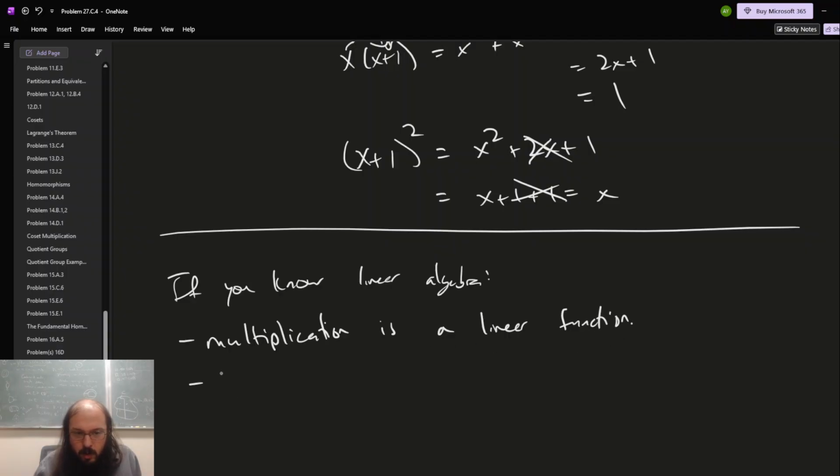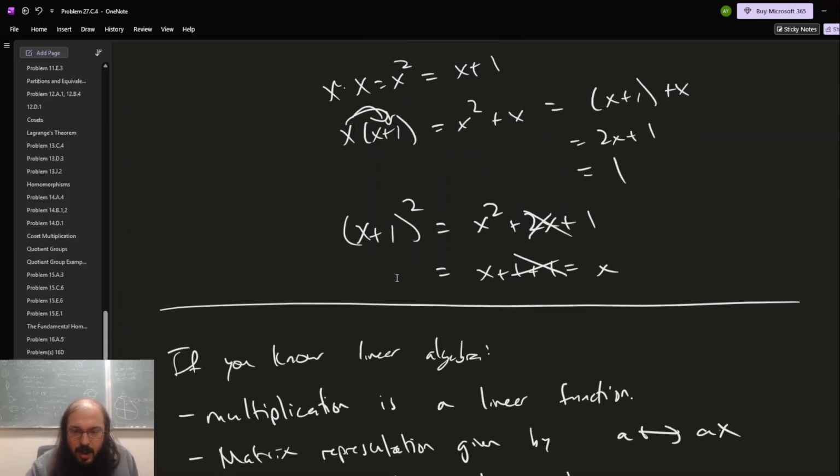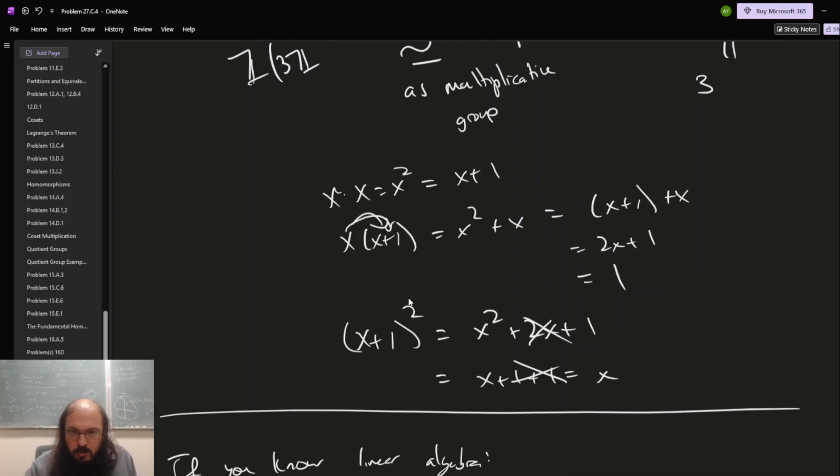And so therefore, there will be a matrix representation given by the linear map, where you take a given A and you multiply it by whatever you're interested in, for example, X. And so you can use that matrix to speed up calculations in bigger cases. If you don't know what I'm talking about, don't worry about it too much. It's fine. And I'll probably show an example down the line where we do some stuff like this.